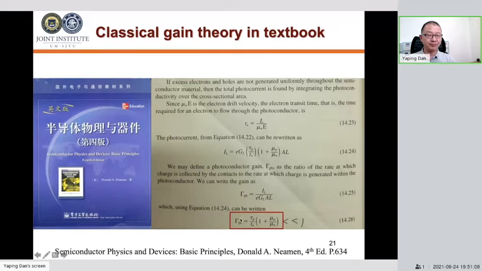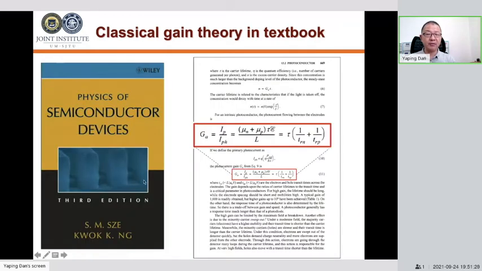The gain is equal to tau p, which is the minority carrier lifetime, divided by tau n, the transit time for charge carrier transport from the left side to the right side, and this is exactly the equation we derived. And there is another famous textbook, Physics of Semiconductor Devices, by Simon Sze. On page 669, we have this equation, which is also defined as the gain.